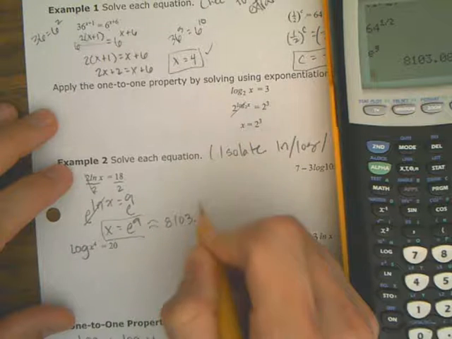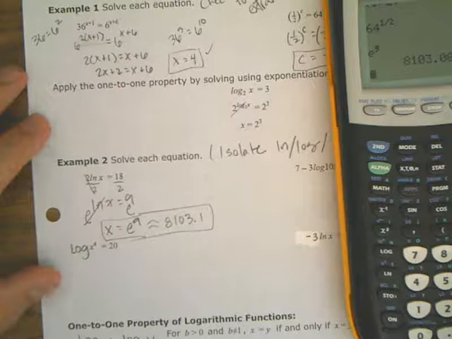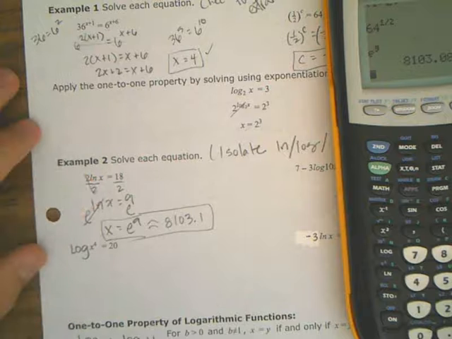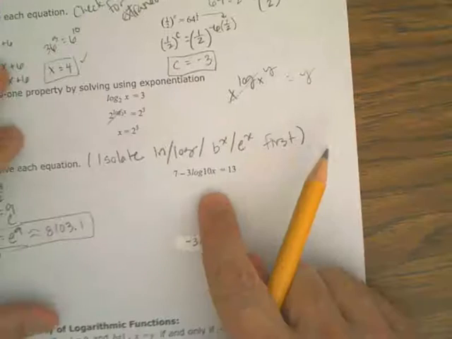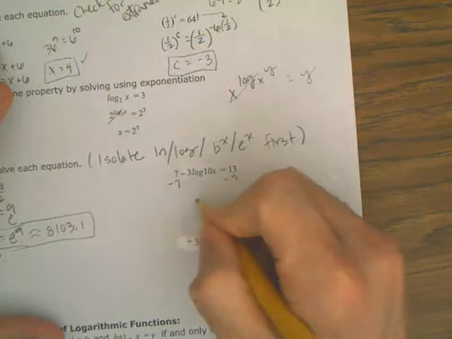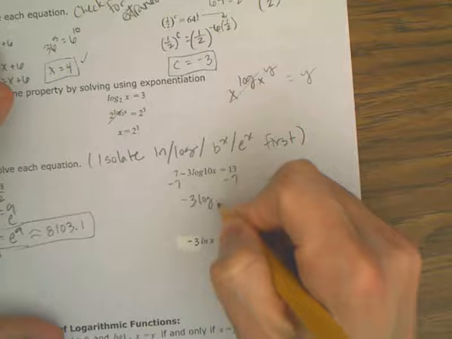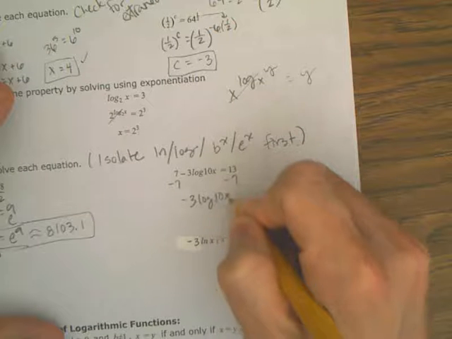Read the directions. It'll say round to the nearest tenth, or it'll say leave as e to the 9th. Either way. Alright, just a few more steps on this one. Minus 7, negative 3 log base 10 of 10x equals 13 minus 7, obviously it's 6.